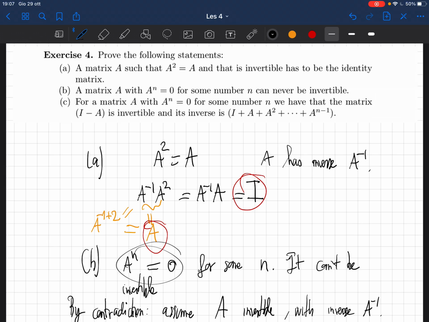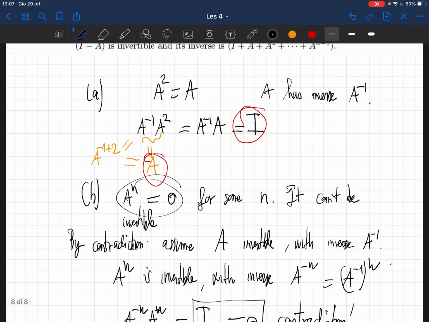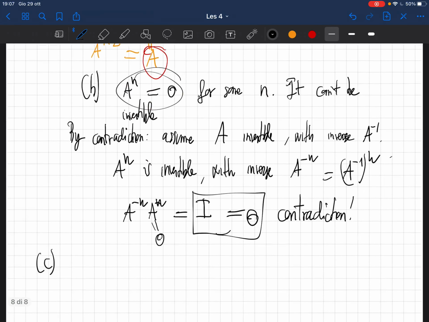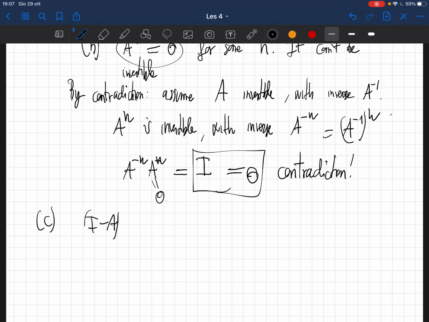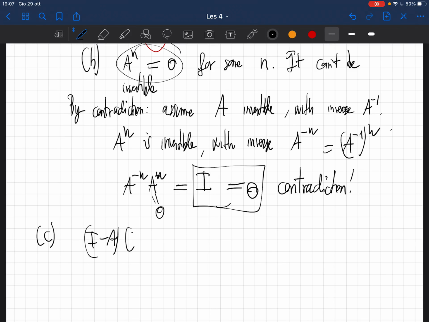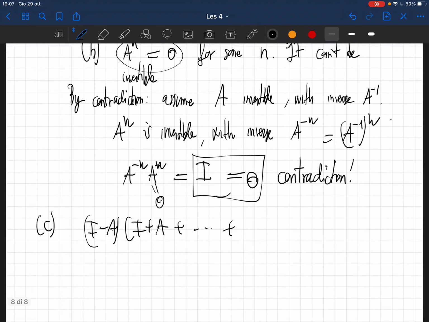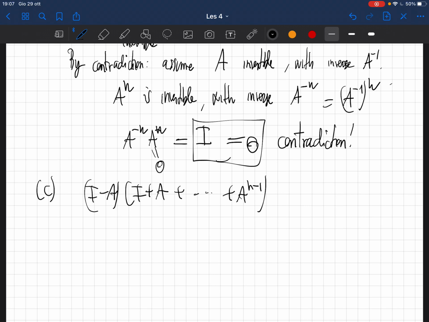Since the formula of the inverse is given, we just have to make a computation and check that if we multiply I minus A with this other thing, I plus A plus up to A to the n minus 1, then it's actually the identity. And also if you multiply it at the other side.